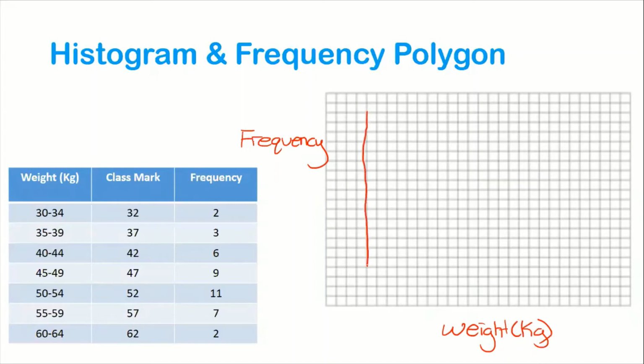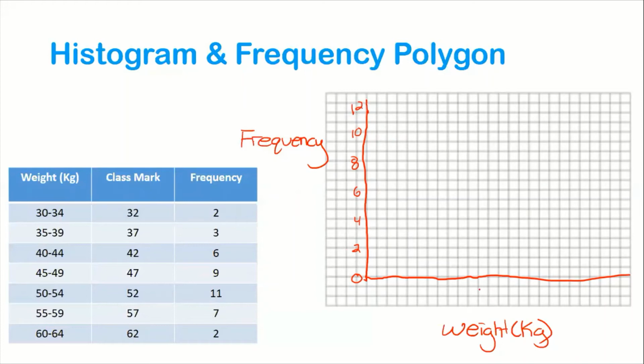So our axes are always straight lines, or somewhat straight lines, right? Our frequency looks like we're ranging from 2 to 11, so I'm going to count by twos: 2, 4, 6, 8, 10, and 12.